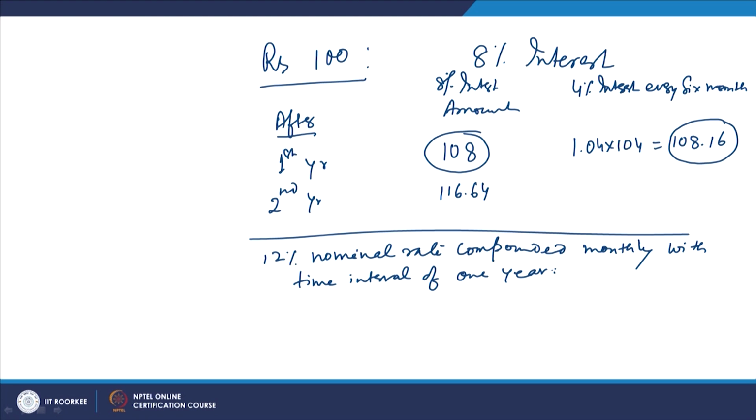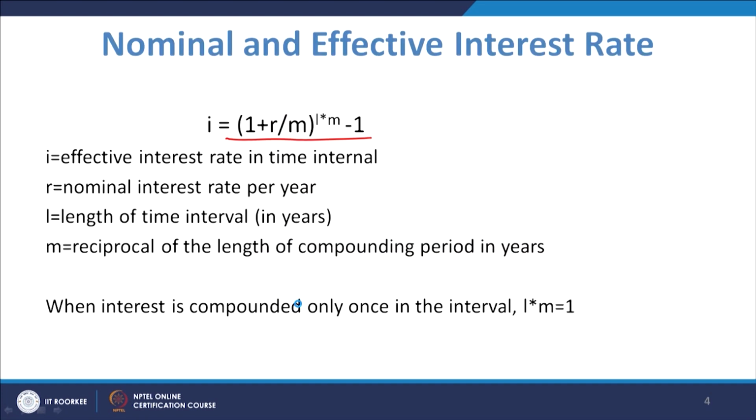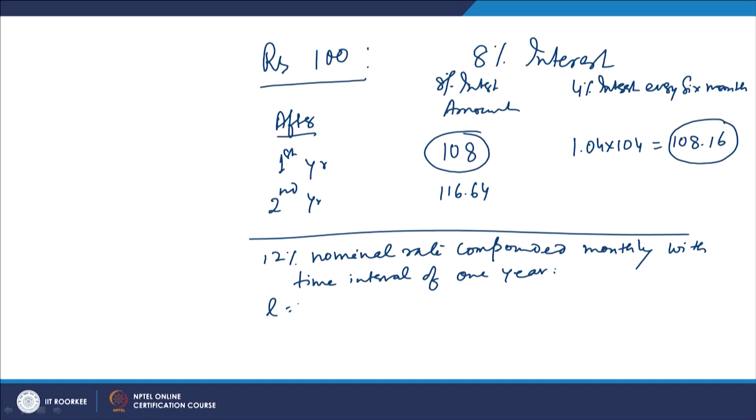Now, in this case, if you look at the formula, L is the length of the time interval in years. So, from here you can directly write L will be 1 year, because you have to find the effective interest rate in the year.